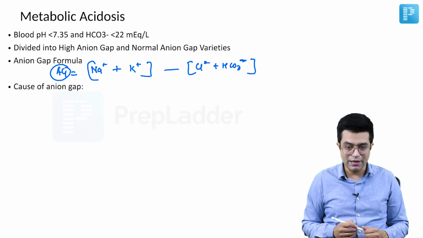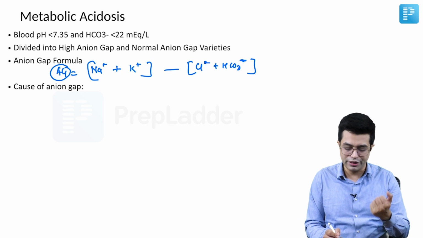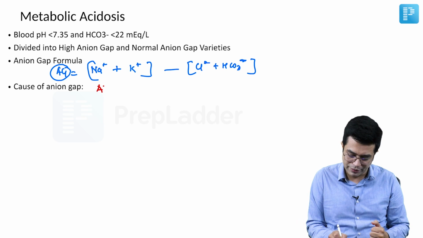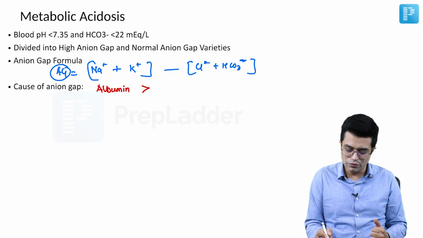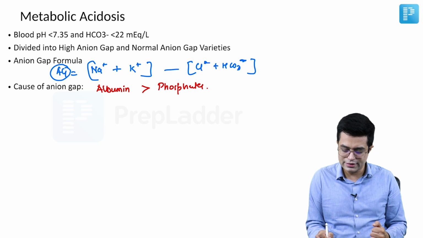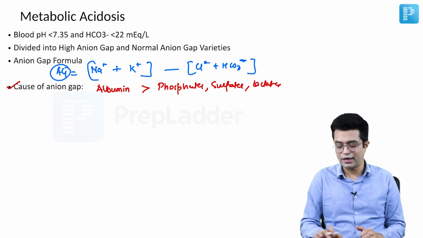And why does anion gap happen? The cause of anion gap is unmeasured anions in the body. It is majorly related to albumin. Albumin is the most important unmeasured ion. Sometimes it can also be due to phosphates, sulfates, or lactates in the blood. So these are the reasons for why anion gap exists.